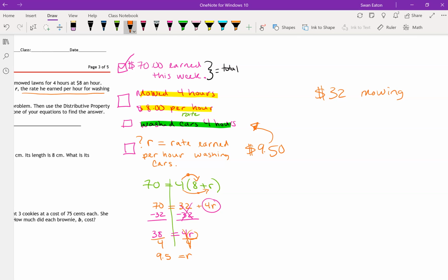Then 9.5 times 4 is $38, so $38 washing cars. Then we check to see if 38 plus 32 equals 70. And it does. That means that's how he made his $70. Man, if I were him, I'd stop mowing lawns. I'd wash more cars.